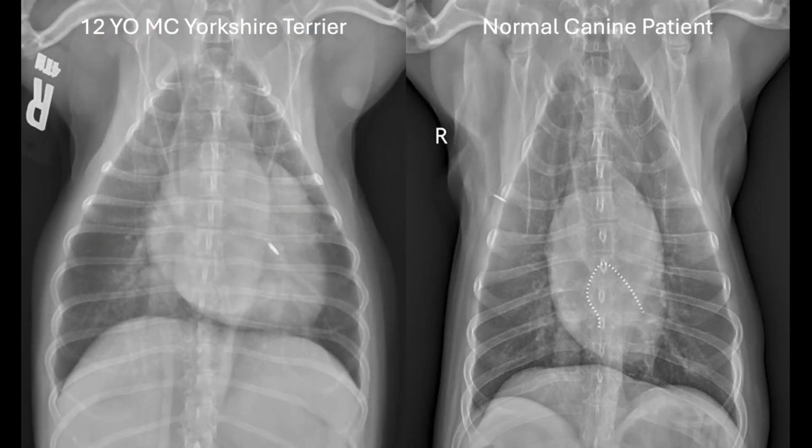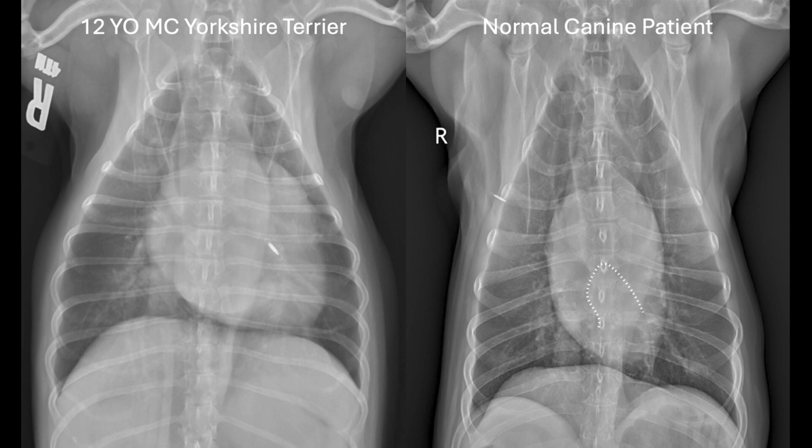If left atrial enlargement is suspected on the lateral views, the orthogonal ventrodorsal or dorsoventral view should be assessed for supporting evidence of left atrial enlargement. On these views, left atrial enlargement is identified by abaxial displacement of the caudal mainstem bronchi.